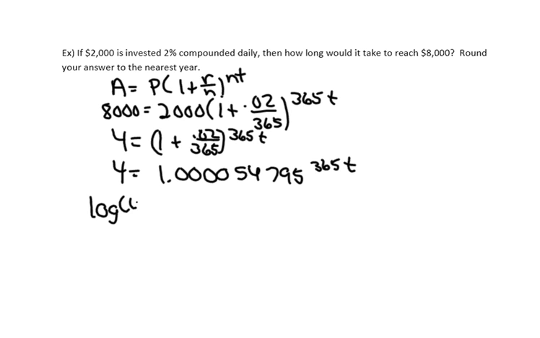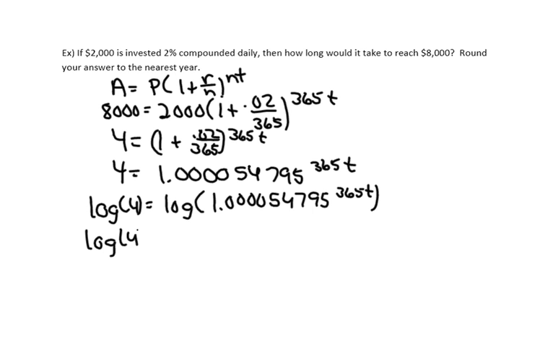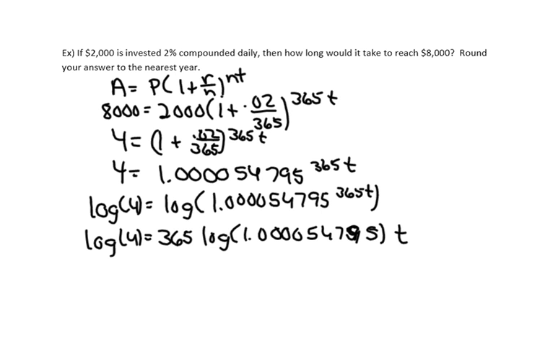So I'm going to put the common log of both sides. Because I can do that, I can bring the 365t down. So I'll do that next step. And I can divide both sides by 365 times that log because it's just one number. So the actual answer, t equal to this.